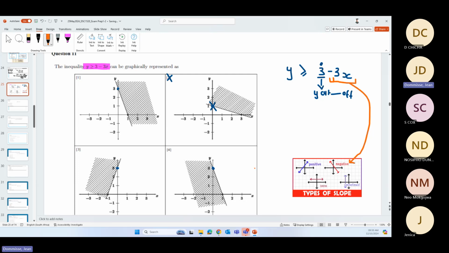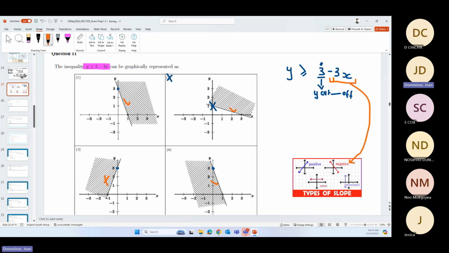So out of these options, my slope is correct, it's negative. My slope is correct, it's negative. There my slope was correct, but here my slope is positive. So with the slope component, we identified again which one.